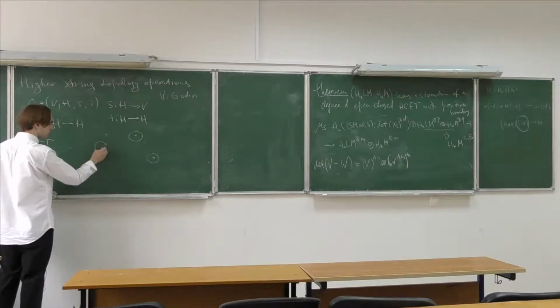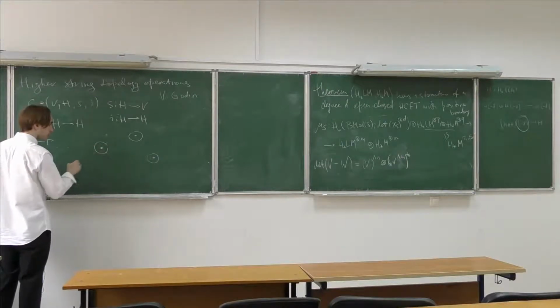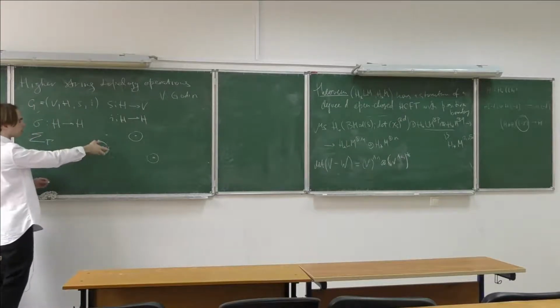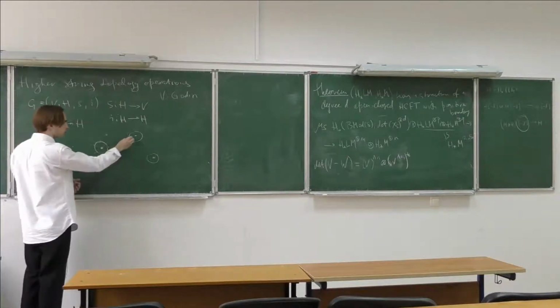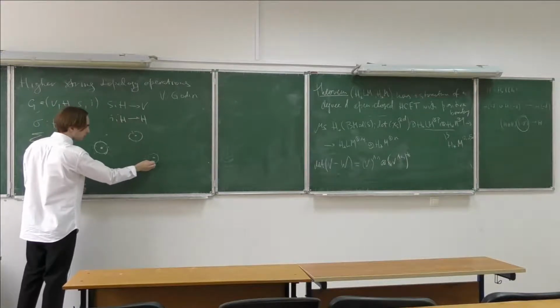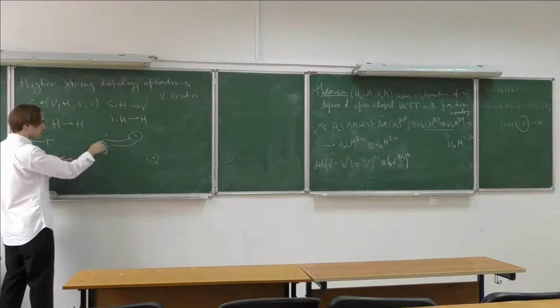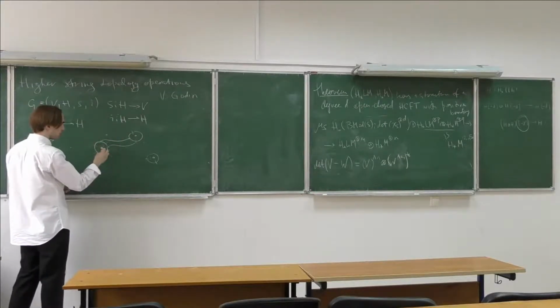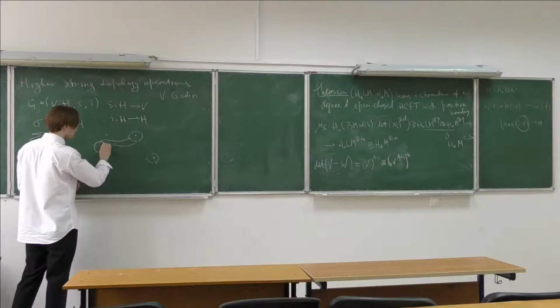Then for a fixed vertex, we take all half edges that come out of it, and we split this disk into intervals. Each interval corresponds to a half edge, and the order of these intervals corresponds to the ordering of these half edges by sigma. And finally, when we have such a splitting, we can take a strip and glue it to one interval and to the other, and this is just dictated by the involution. So let me try to draw such a graph.